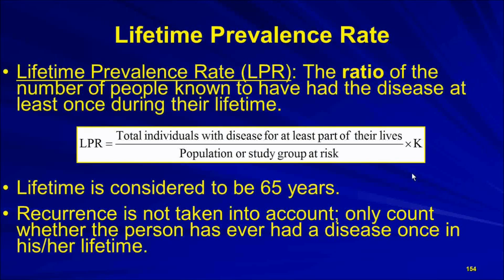We look at the late 70s and early 80s as a lifetime. So this is good for people who are 65 and less. Now we could change in the formula what is considered to be a lifetime and take people into account who are older than 65 years of age. Recurrence is not taken into account. We only count whether the person has ever had a disease once in his or her lifetime.